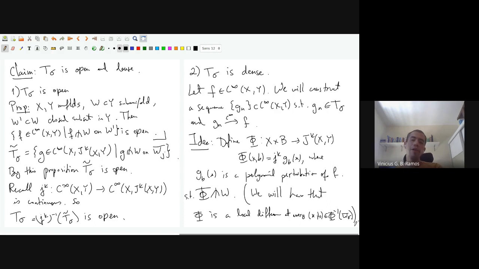Like I said, if we were in Rn and Rm, you can just basically sum with polynomials. So that would be the map. You just add the polynomials. And you have to prove that if the polynomials have degree at most k, then this will be a local diffeomorphism. And you can do that.